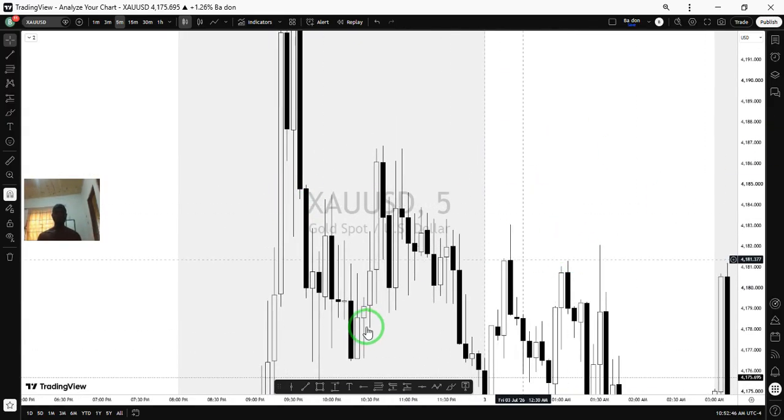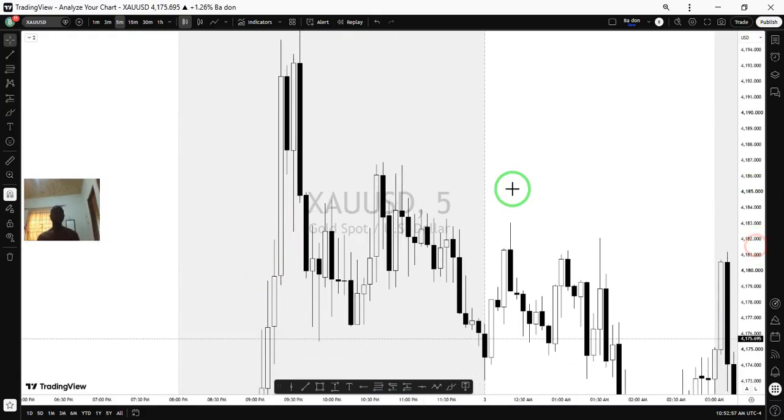So for a bullish example, you see how this candle closes above this candle with a body, and you see they are all bullish candles. So our bias is two bearish candles for a bearish bias and two bullish candles for a bullish bias.